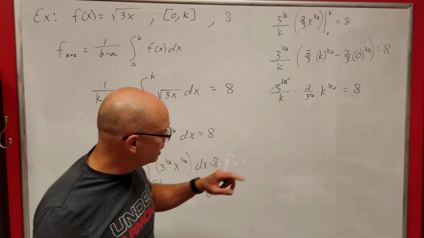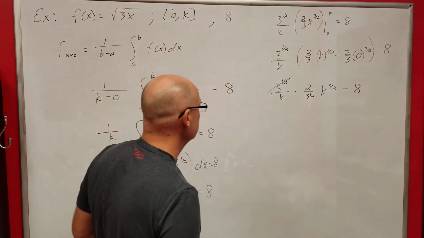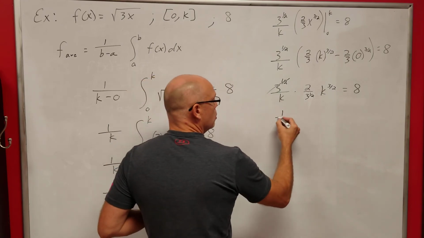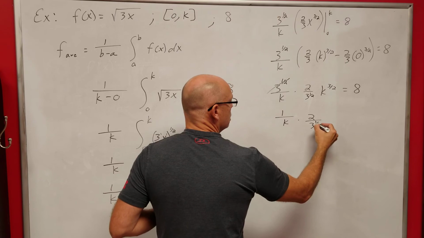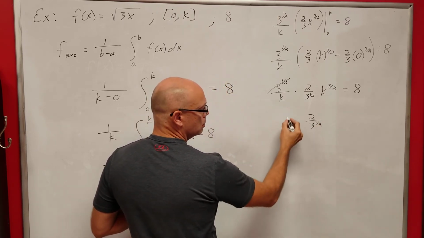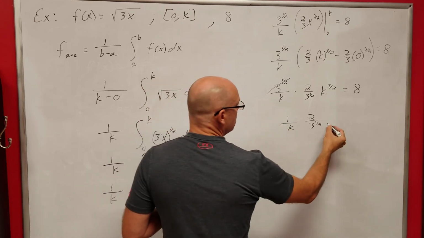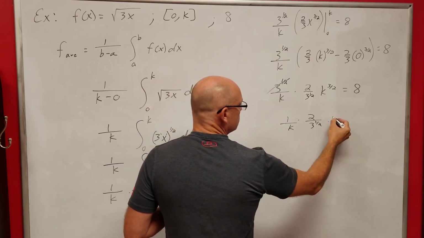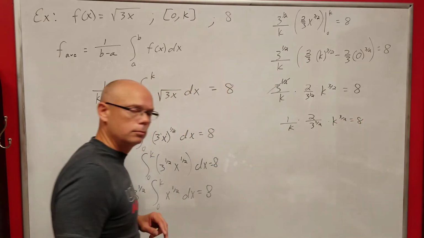Basically, you're subtracting the exponents. You're taking that 1 that was there and subtracting 1/2 from it. So you're left with 1 over k times 2 over 3 to the 1/2, times k to the 3/2, is equal to 8.